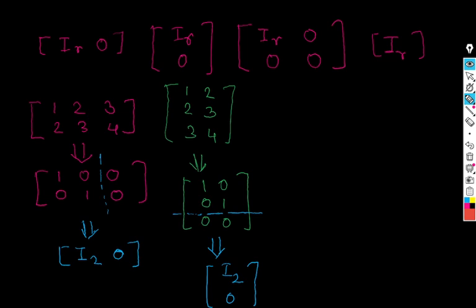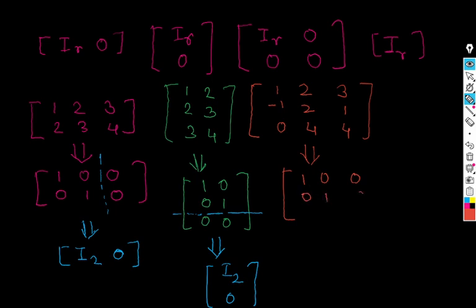For the third example, I will take the matrix like this: 1, 2, 3, then minus 1, 2, 1, and I will take 0, 4, 4, something like this. Now if you convert this matrix to the normal form, the normal form will go like this: 1, 0, 0, 0, 1, 0, and 0, 0, 0.